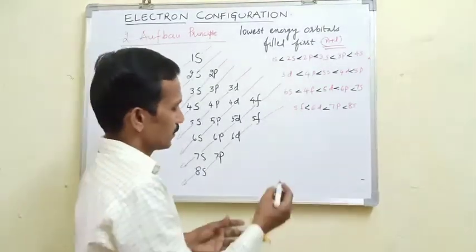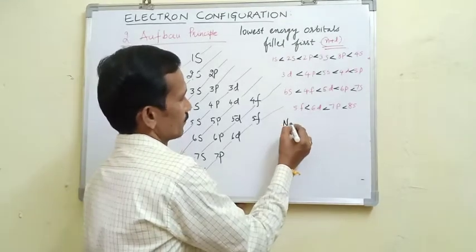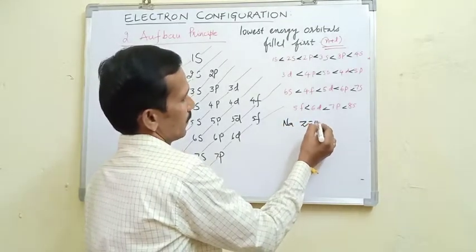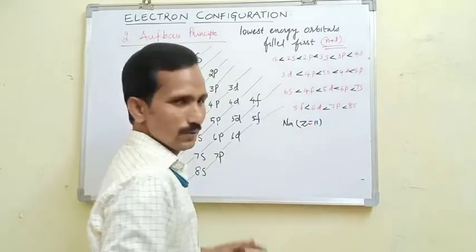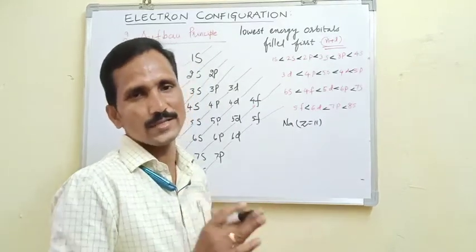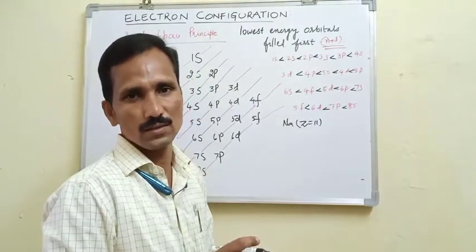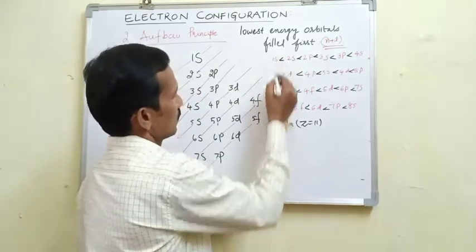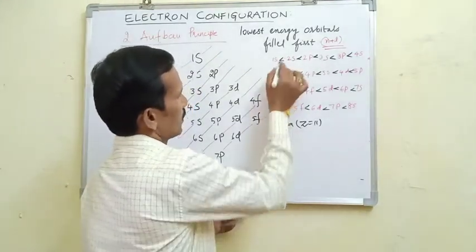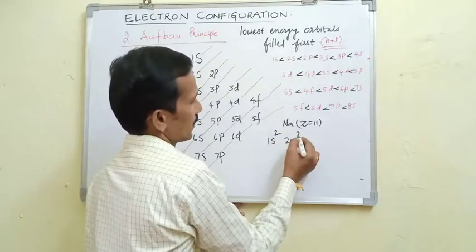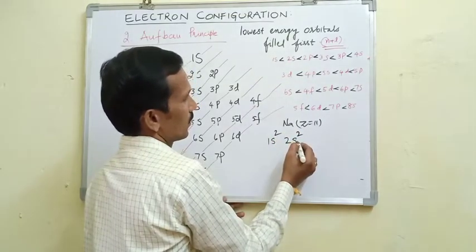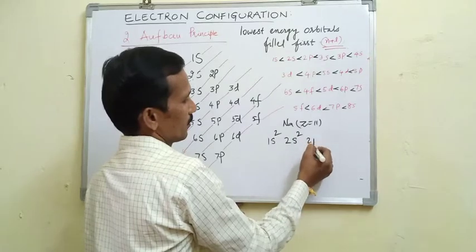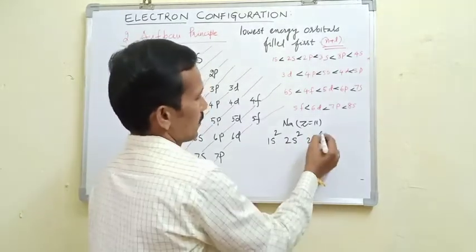Suppose we have to write the configuration of sodium. The atomic number is 11. How can we write it? We know that an s orbital can accommodate a maximum of 2 electrons, p orbital 6, d orbital 10. So 1s is the first, lowest energy orbital, 2 electrons. Next 2s, again 2 electrons. 2p, maximum 6 electrons.